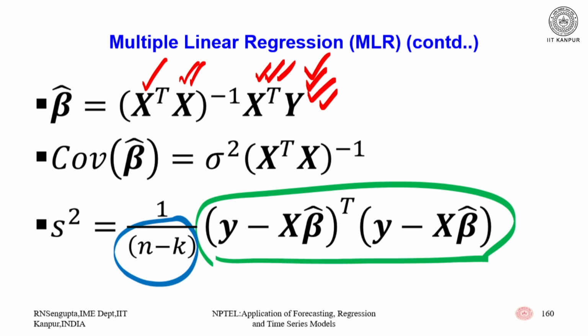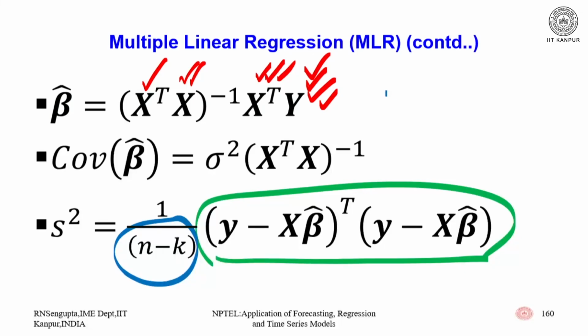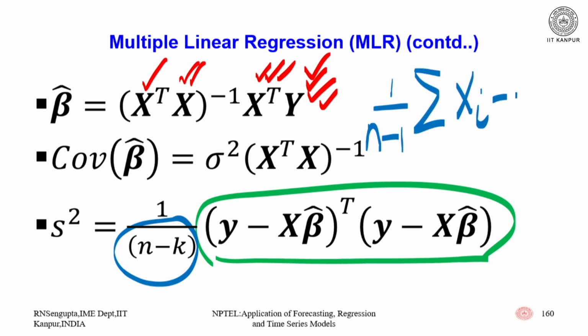And we have already seen, in the case of a one sample, I won't use the word one sample, my mistake, when you have only one random variable, that the best estimate of the population variance can be found from the sample variance, and in that case you have this formula which I am writing in blue color. I think I have already written it in one of the classes.